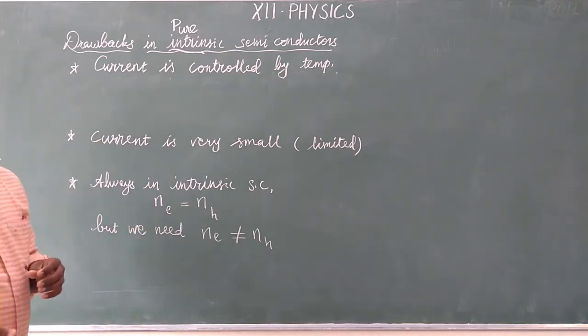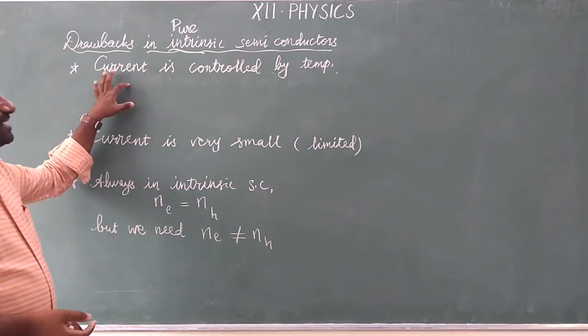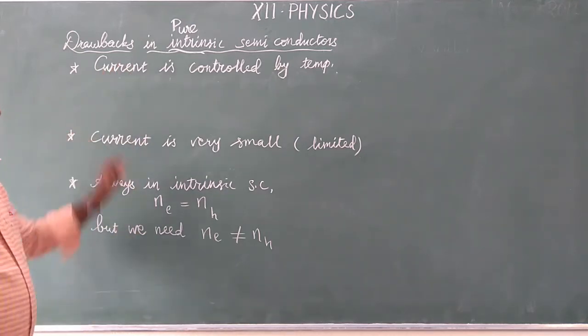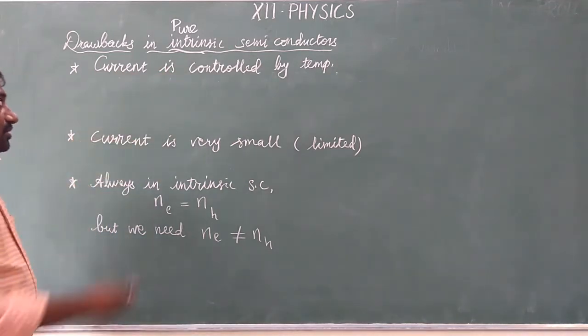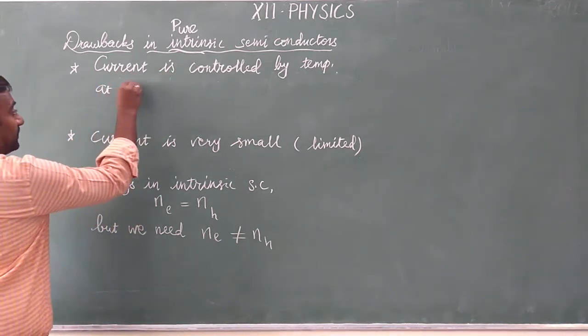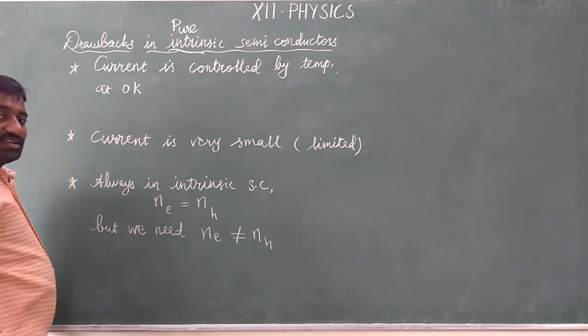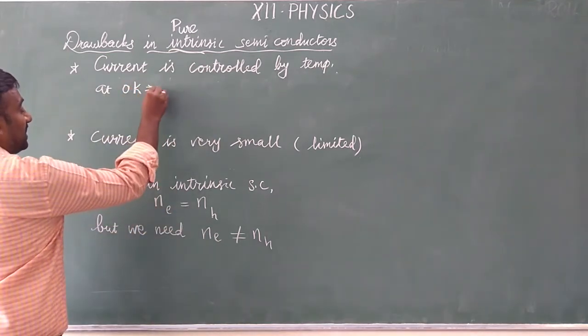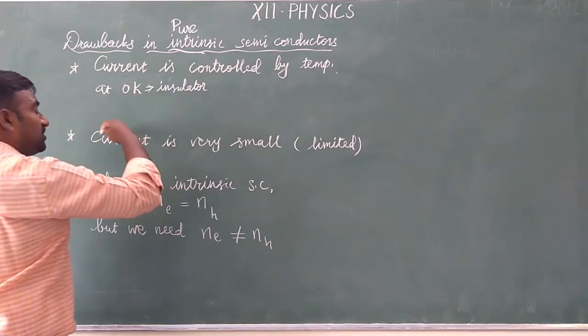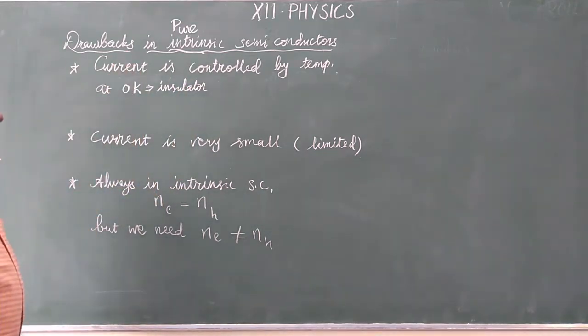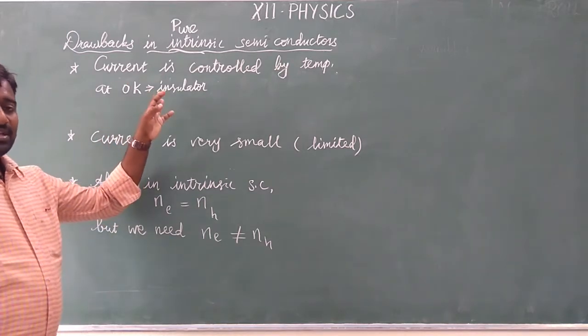Before going to the extrinsic semiconductor, what are the drawbacks in the intrinsic semiconductor? First one, current is controlled by the temperature. Already we know, at 0 Kelvin, it acts like an insulator. So we need to raise the temperature of the semiconductor, then only the conductivity will be increased.